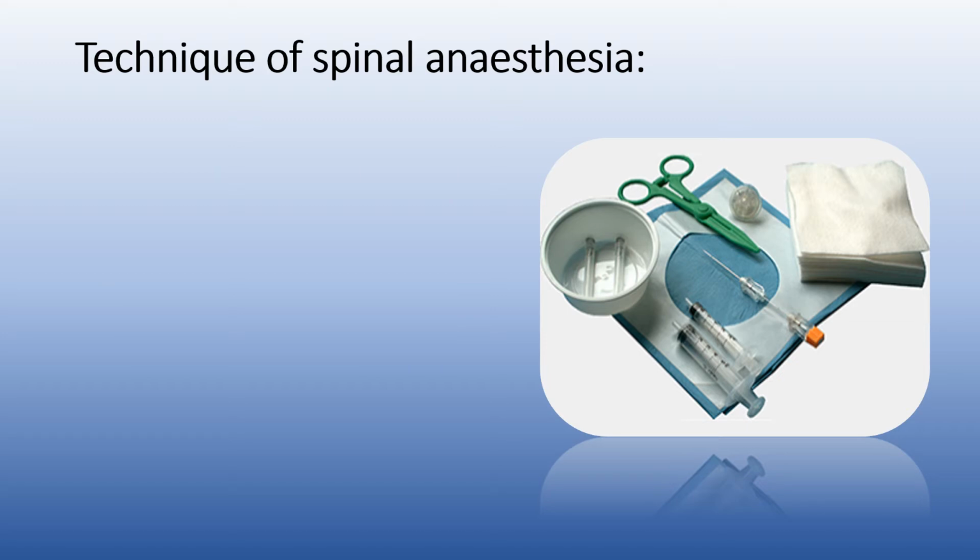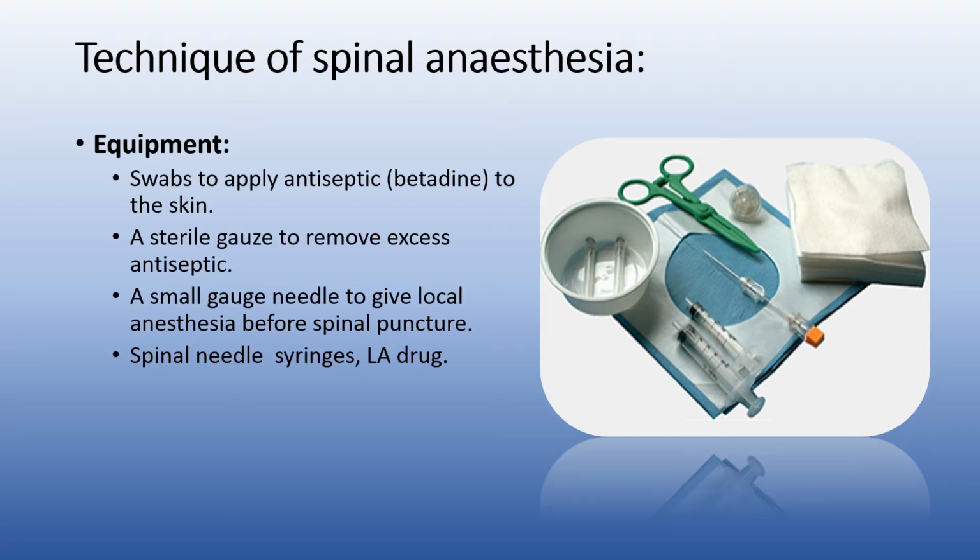What about the equipment? Equipment consists of swabs to apply the betadine, which is the disinfectant material usually used in this procedure, to the skin of the patient. Sterilized gauze to remove the excess antiseptics.